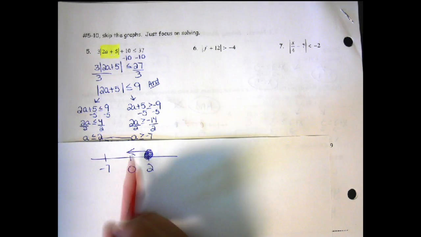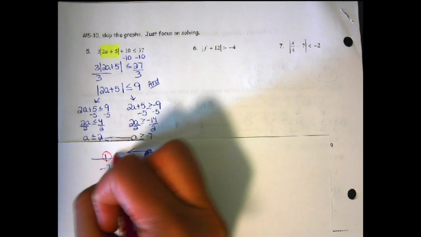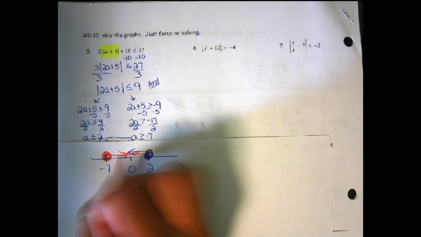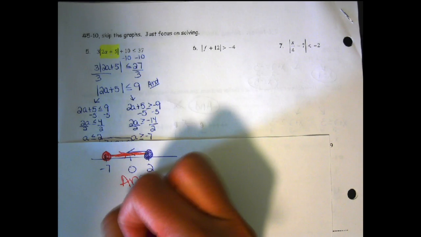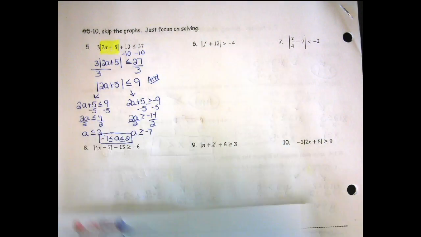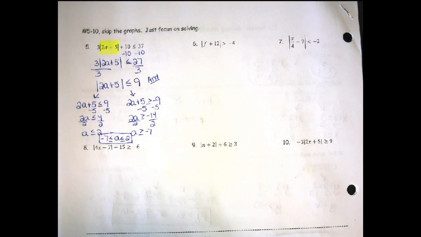And then it's greater than or equal to -7, so it's filled in, and it's going this way. Do you see how it's overlapped? Then I know that this is an "and" solution. So even though there's no graph provided here, if you need one, go ahead and sketch one out, and it'll help you determine. Now, having said that, number 6 has a trick.